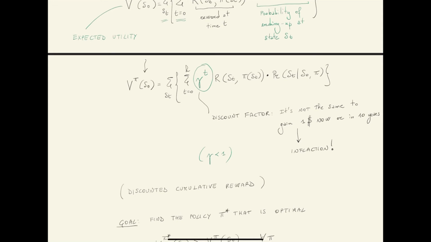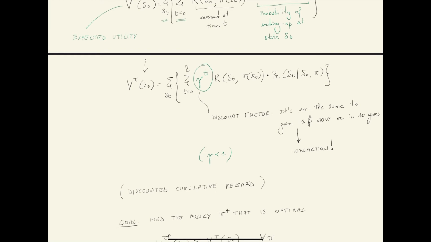And so you have to discount the fact that basically $1 is worth more now at the present moment rather than in 10 years. You expect a discount factor. So you put that gamma, which is less than 1, maybe 0.9, 0.99, something like this, and you exponentiate it by the time step t. And you call it discounted cumulative reward.